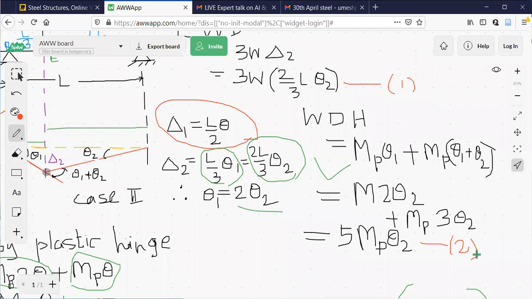You can see the answer will be in terms of MP by L usually. Theta 2 and all other things are getting cancelled. How much is the answer here?